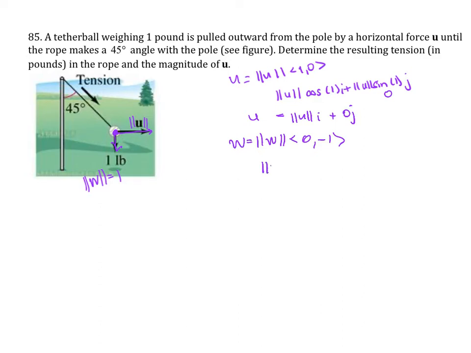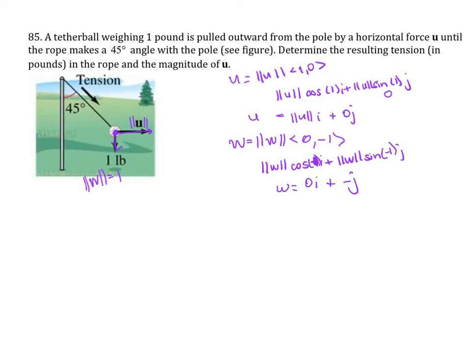It is going to be the magnitude of W times cosine of 0, sine of -1, and then this is i and this is j. So cosine of -1, that is going to be 0i, and then sine of -1 is -j. Okay, so that is our W.